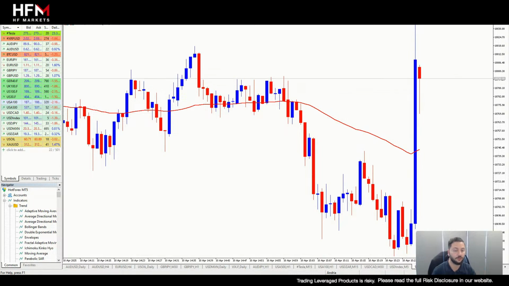That's 0.2% lower than expected as well. Actually, the last time we saw minus figures for the CPI, ladies and gentlemen, was going back to July of last year. So we're talking about approximately 10 months, I think. So something which is very, very positive for the stock market.